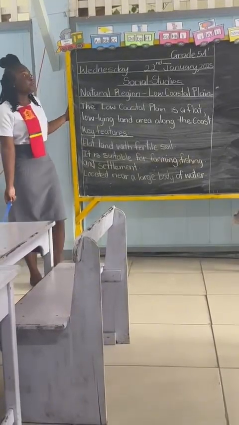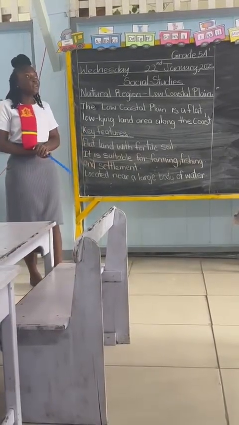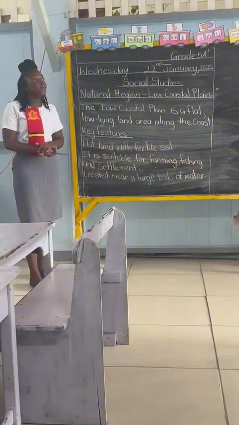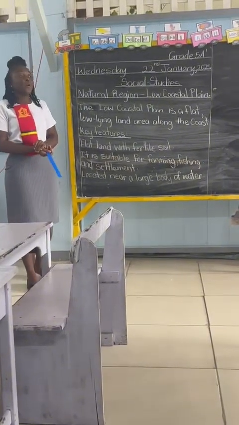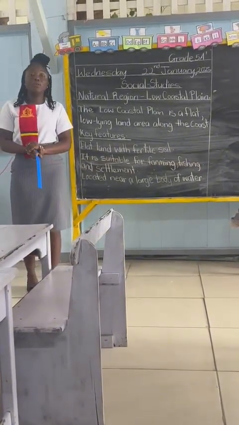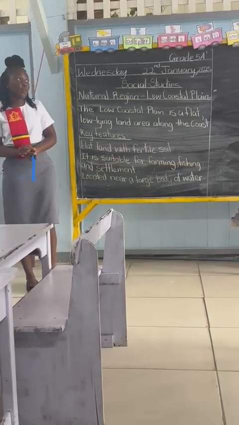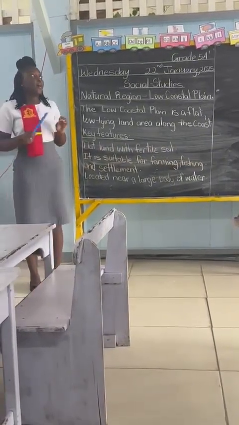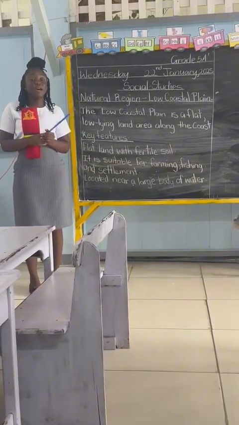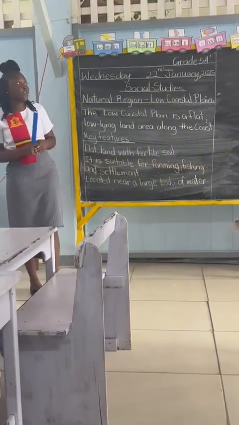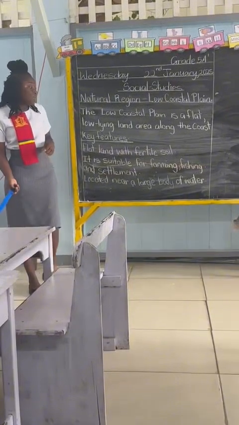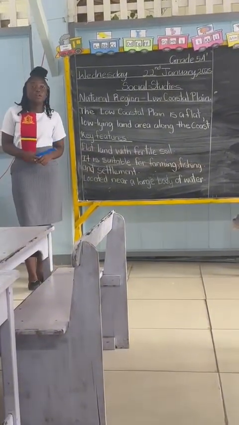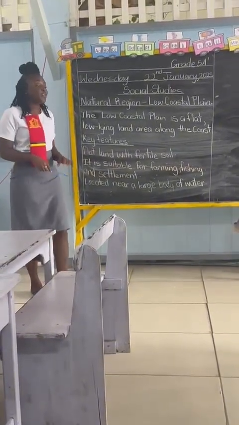Now, if you look around or observe outside, we have a lot of water. We have seas, and we have trenches, and so forth. It is located near a large body of water.